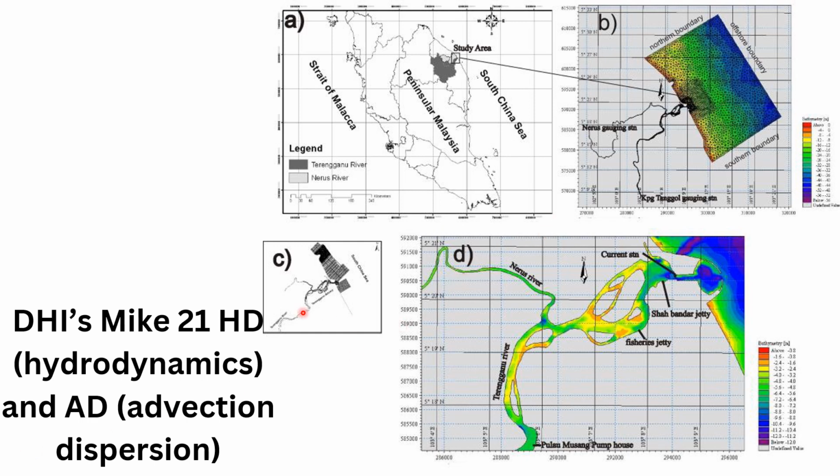So in this study, basically they are using a hydrodynamic model and an advection-dispersion model, which come from MIKE 21 by DHI. As we can see here, this is the domain they created for the simulation. Some part of the area is covered by the sea, and they have a nested mesh nearby the river mouth, and another mesh inside the river itself.